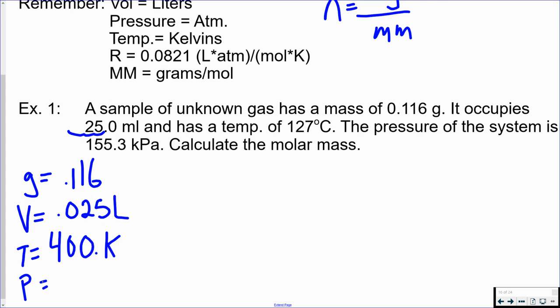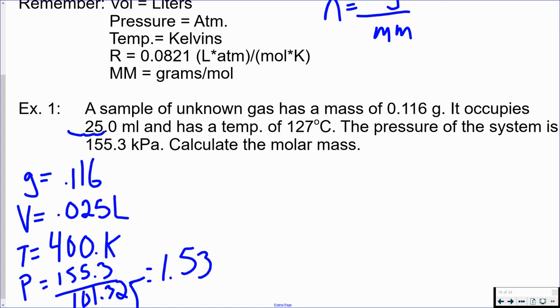And then pressure, again, we're going to take that 155.3 and divide it by 101.325 to give us it in ATMs. That's going to give us 1.533 ATM.